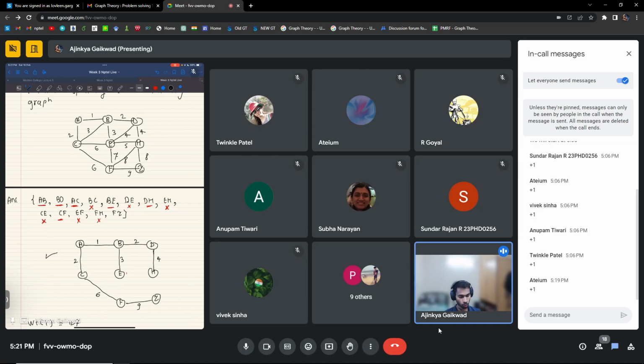If you have a directed graph, let's say A, B, C, ideally there are two edges and three vertices, so there should be a tree. But it doesn't make any sense when I say spanning tree in a directed graph, at least for now, because I cannot go from C to A, right? That's why this notion of minimum spanning tree is restricted to undirected graphs.